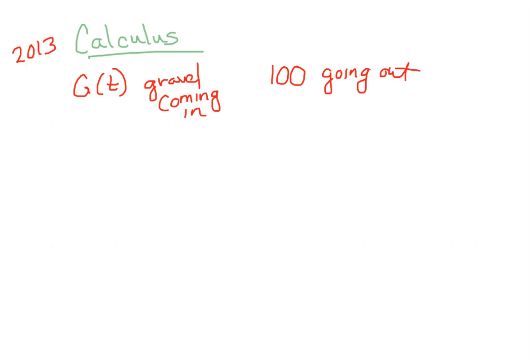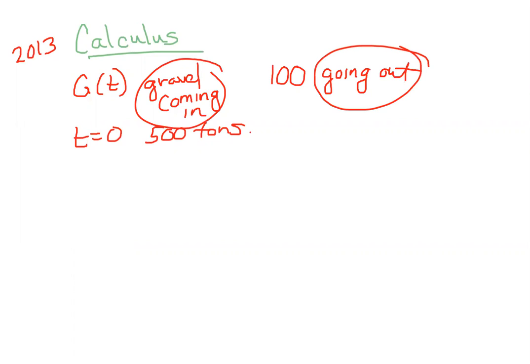G of T is measured in tons per hour, and 100 is 100 tons per hour, so those are the same. And we're starting at T equals 0. There is 500 tons. So before anything is coming in or going out, we're starting with 500 tons. So let's see what they're asking us.